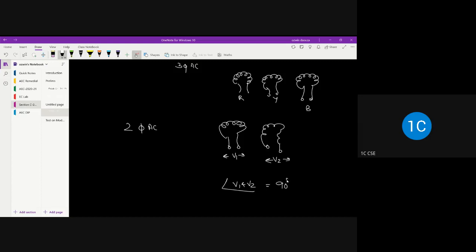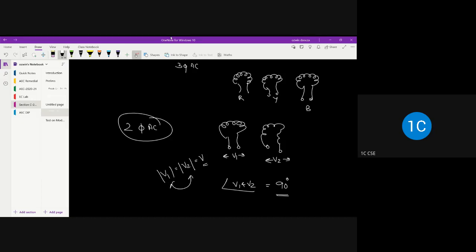But two-phase AC is neither as powerful as three-phase AC, nor as economical as single-phase AC. That's the reason we don't use two-phase AC.